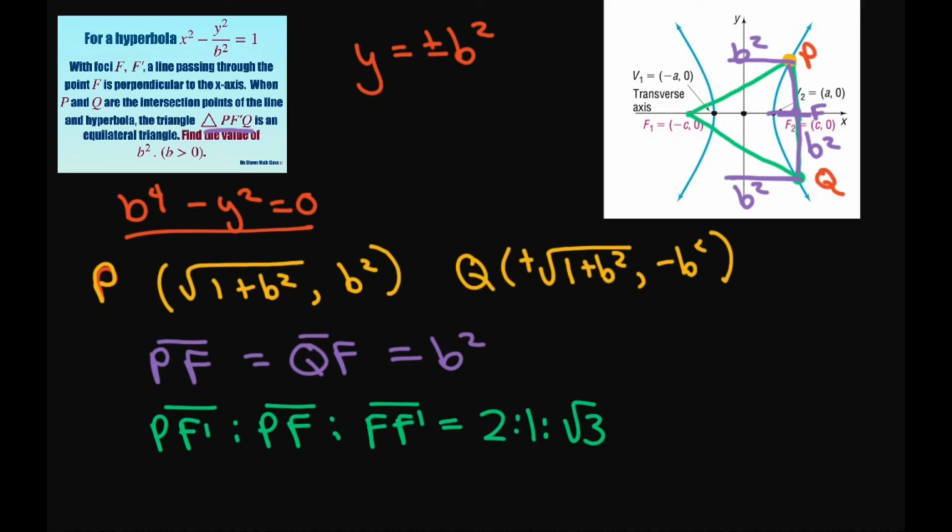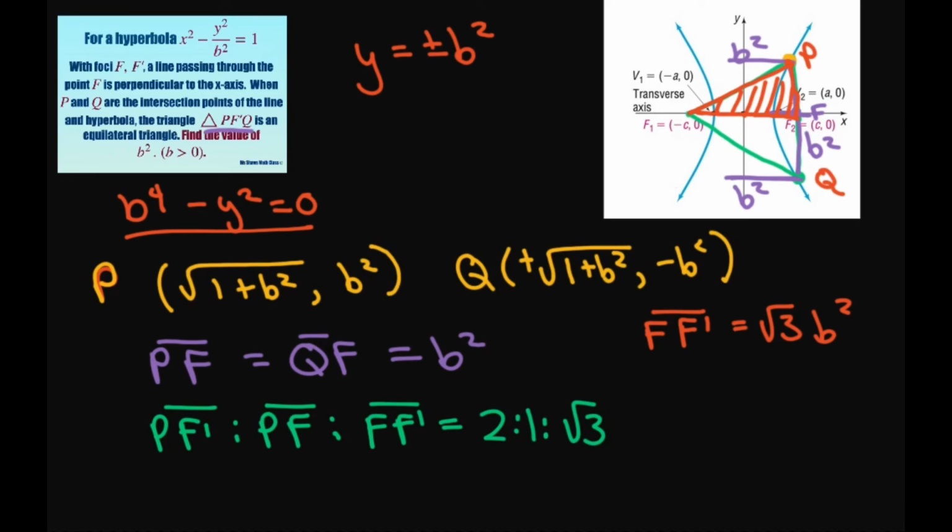So PF prime, this length, to PF to FF prime. So we're just looking at this right here, and that's your ratio. That means the length of FF prime equals square root of 3 times b squared.